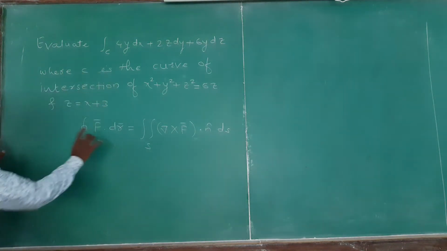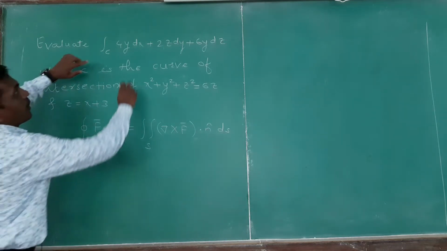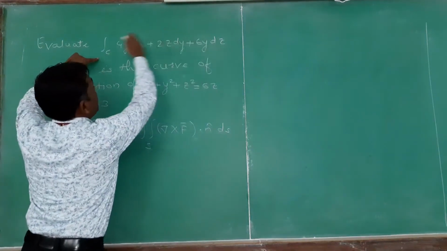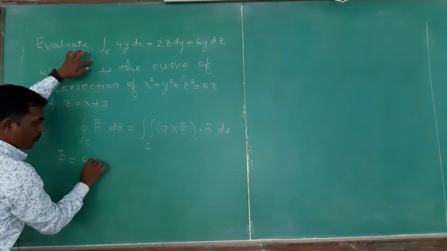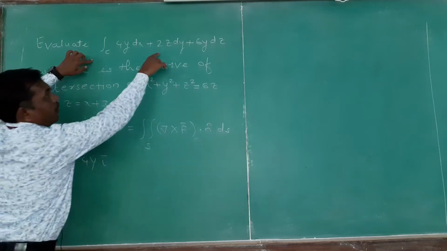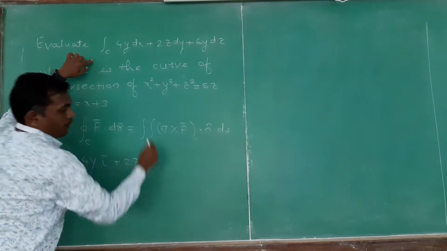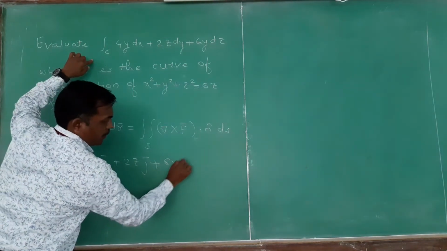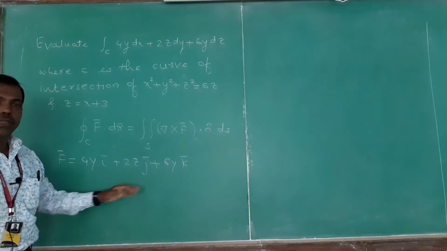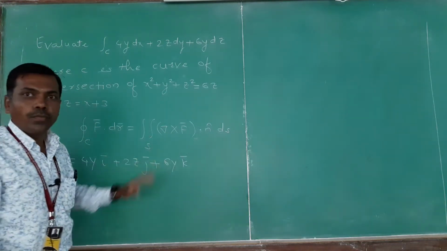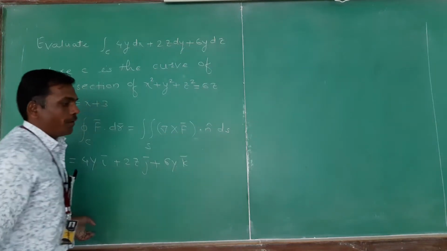I need f bar. So f bar is, from the given integration, we can write f bar equal to 4y i bar plus 2z j bar plus 6y k bar. So I get my f bar. Now I have to use Stokes theorem, means I require del cross f bar.